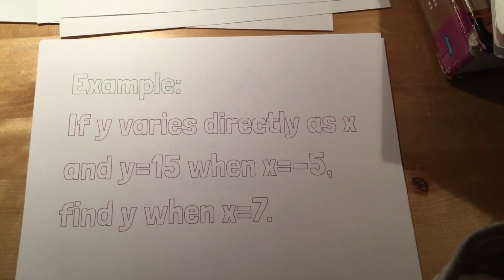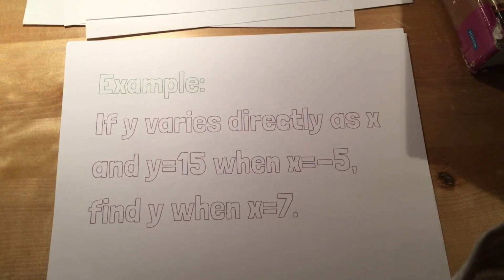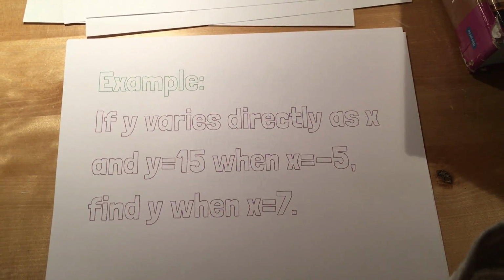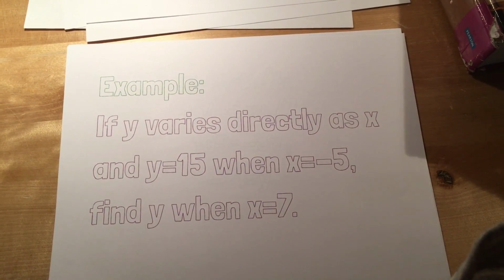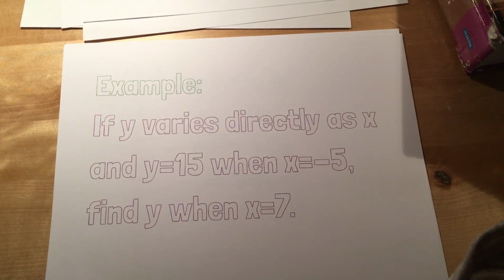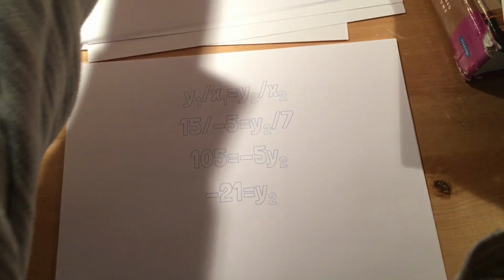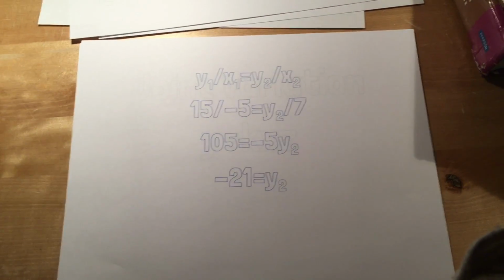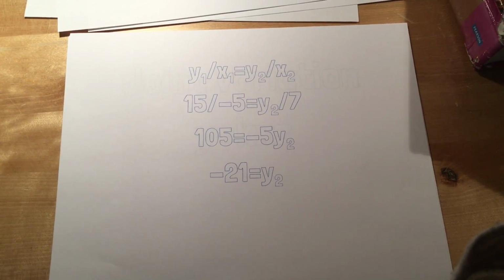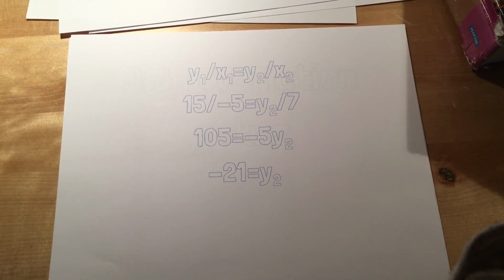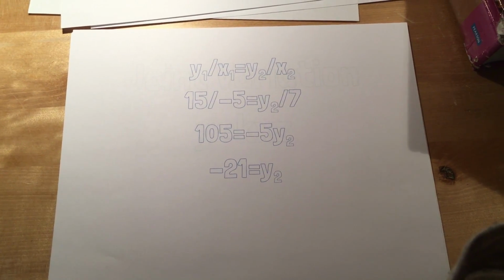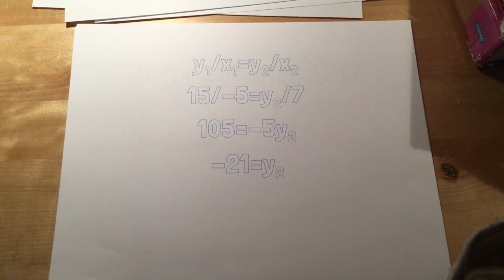Example. If y varies directly as x and y equals 15 when x equals negative 5, find y when x equals 7. We'll start off with our equation: y1 over x1 equals y2 over x2.